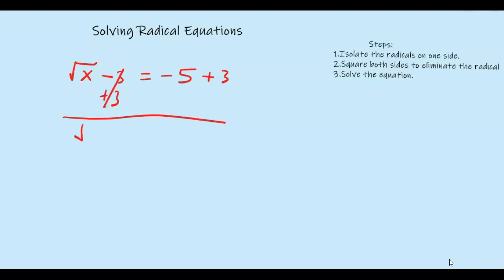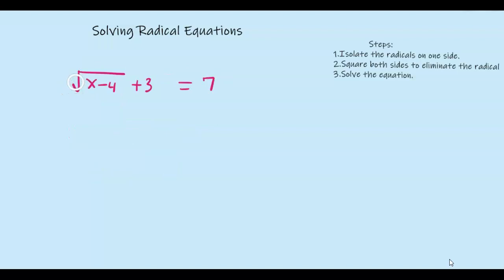It goes away. Here we have -5 plus 3. The negative is bigger, so the answer has to be negative, so we get -2. Next step, we square to get rid of the radical. And then -2 times -2 gives us 4, and we are done.